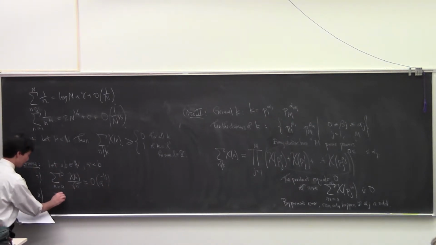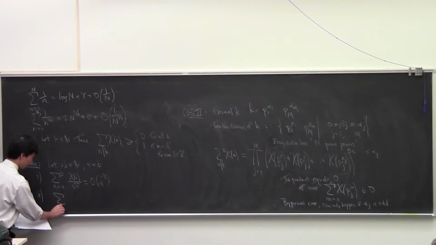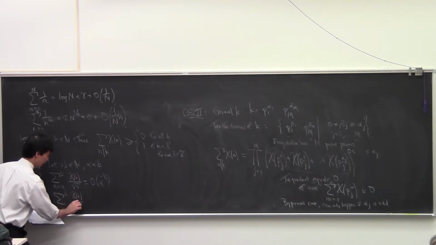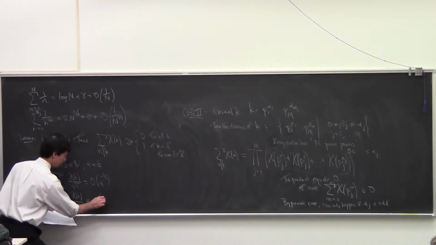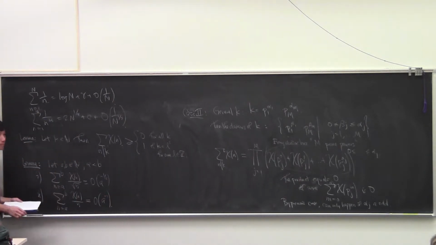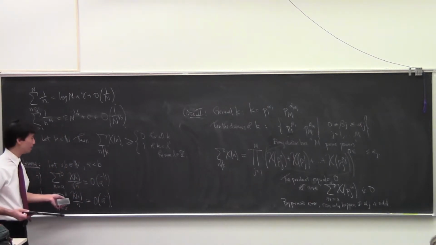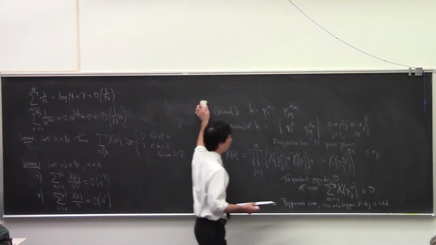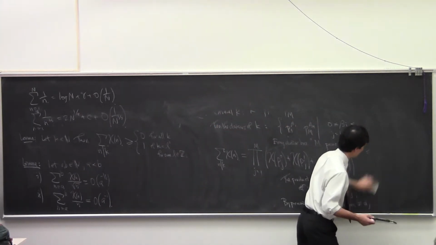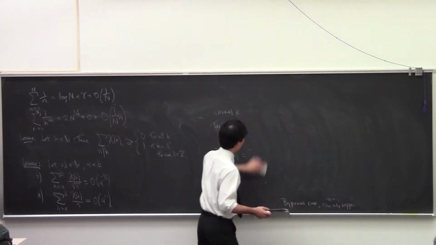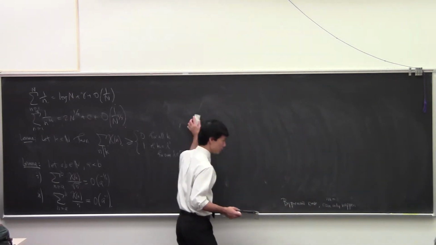And 2, the sum from A to B of pi n over n is on the order of A to the minus 1. I'm afraid I'm not going to prove this, but I think the proof is not that tricky.